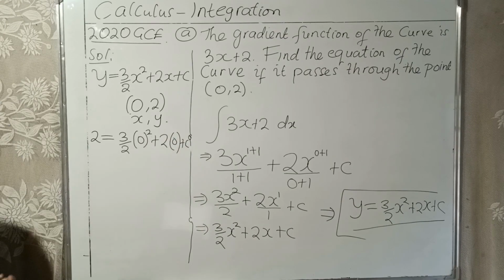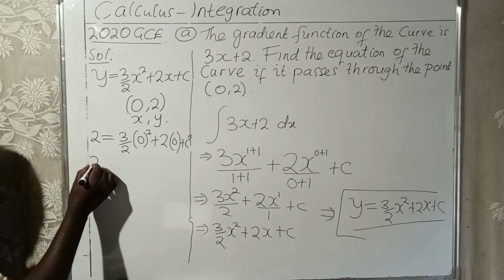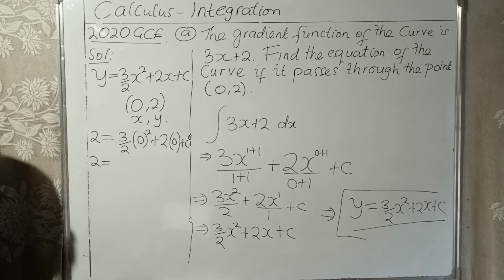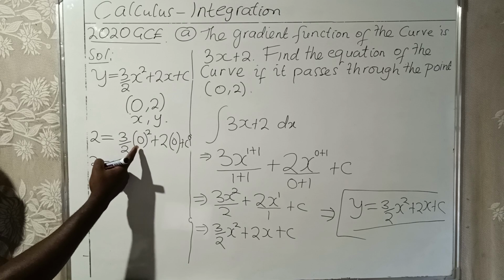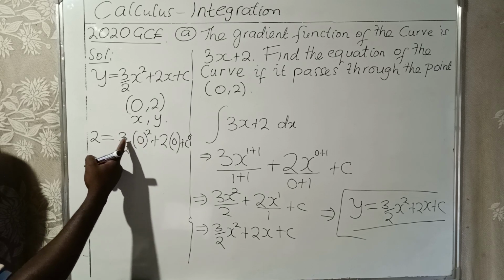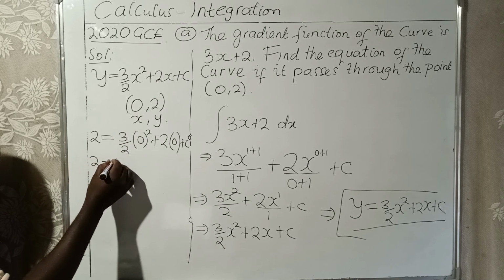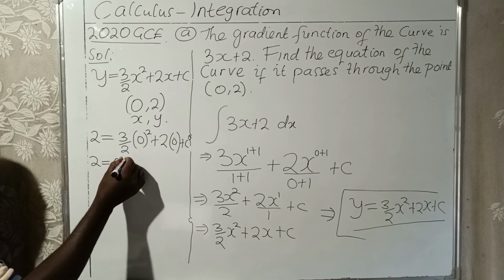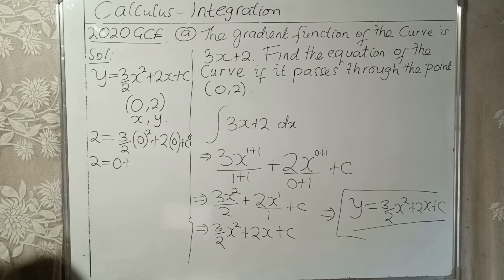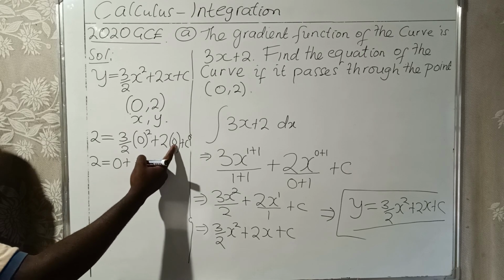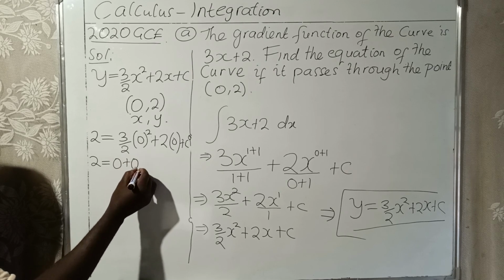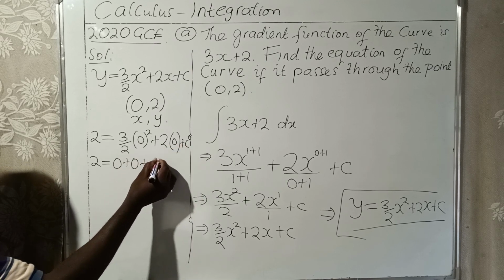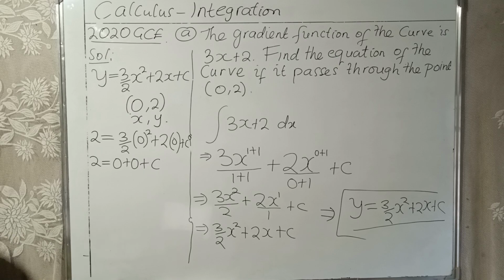Now you can see we have 0 squared, which gives us 0, and when we multiply 0 by 3 over 2 we get 0, plus again a 0 which we are multiplying by 2, again getting 0, and we have c, which we are solving for.